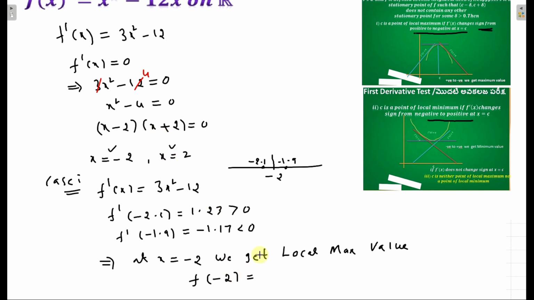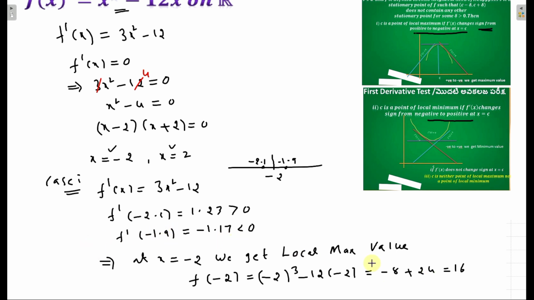So substitute x is equal to minus 2 here. I will get minus 2 whole cube minus 12 into minus 2. Now on simplification I will get this as minus 8 plus 24. So this is 16.